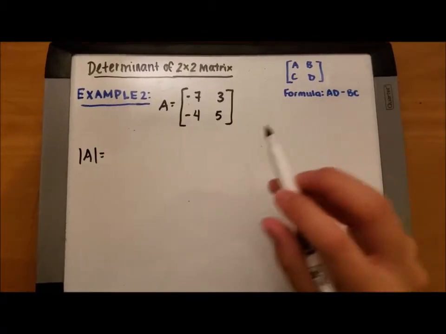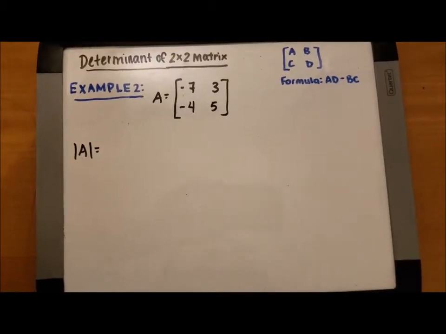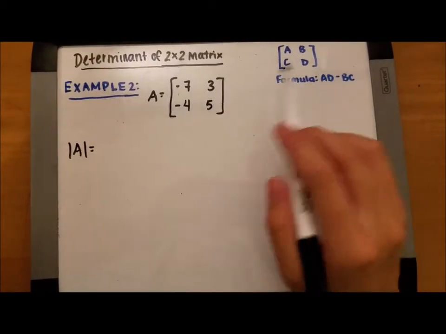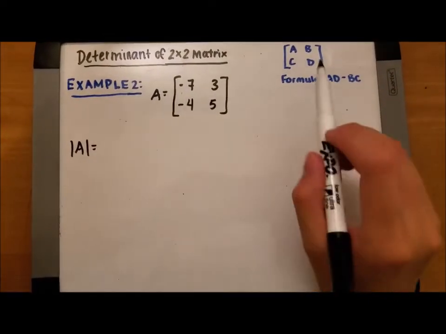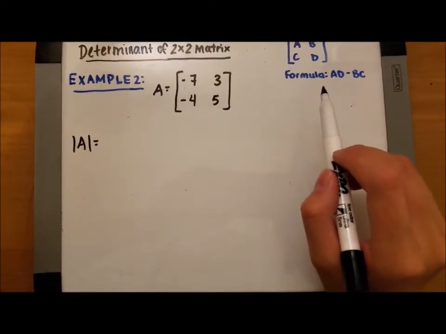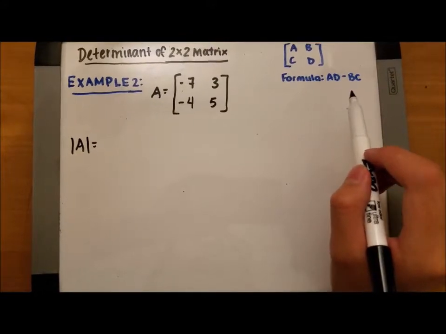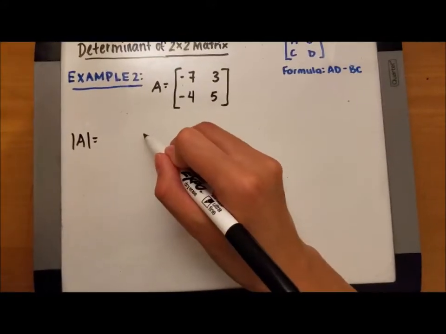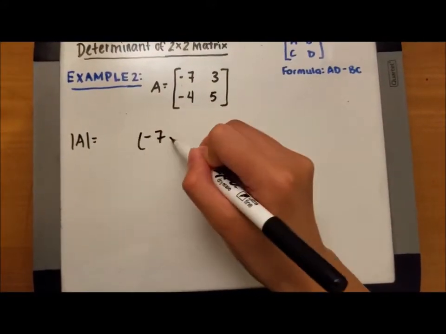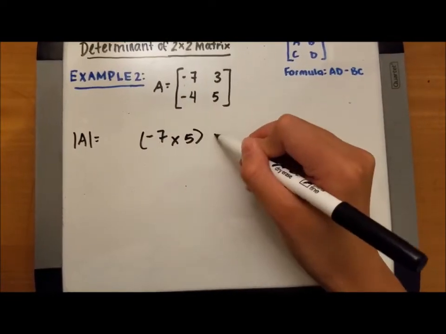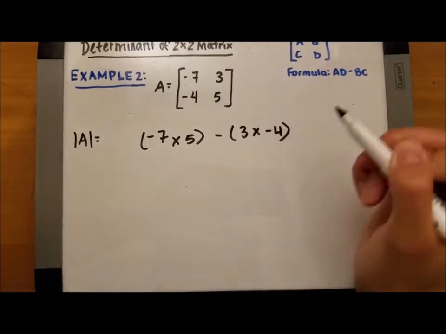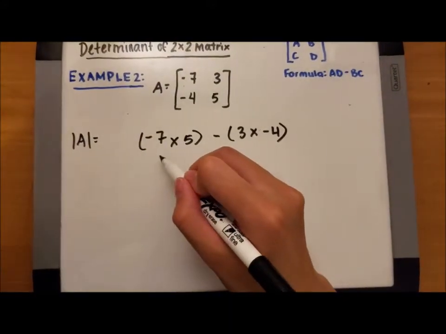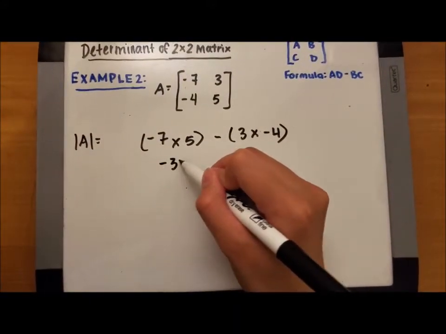Here is our second example, with a couple of negatives thrown in just to get used to working with negatives. We're going to use the same formula again: A times D minus B times C. So here we have negative 7 times 5 minus 3 times negative 4. Negative 7 times 5 is negative 35.